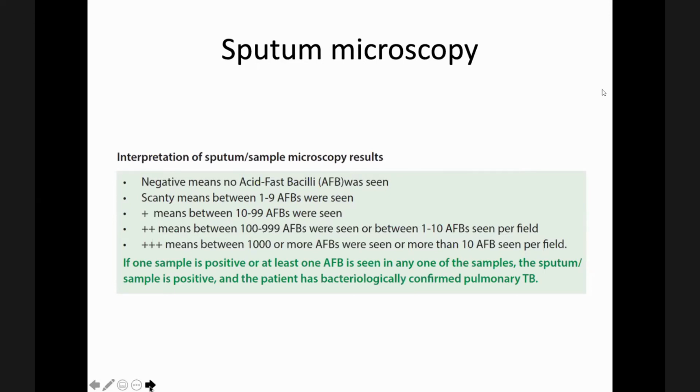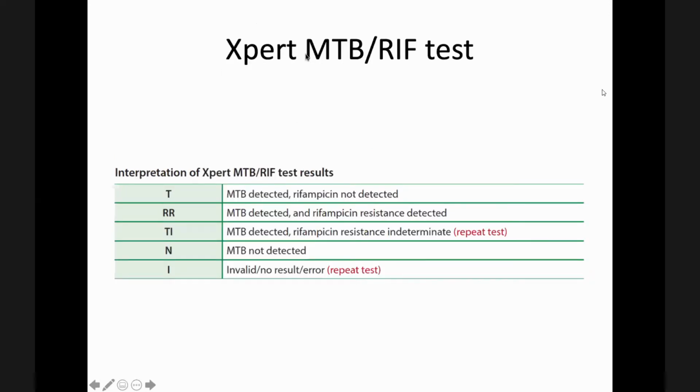So that's the sputum microscopy, and then the other is the GeneXpert MTB and rifampicin resistance test. The report will be like this. T means MTB is detected and rifampicin resistance is not detected. RR means MTB is detected and rifampicin resistance is detected.